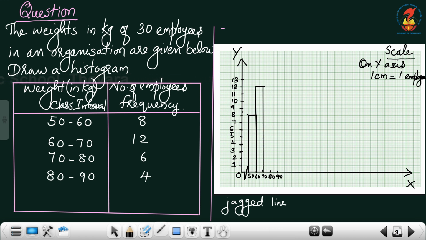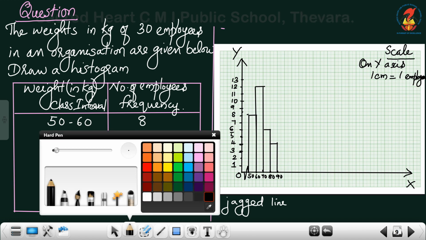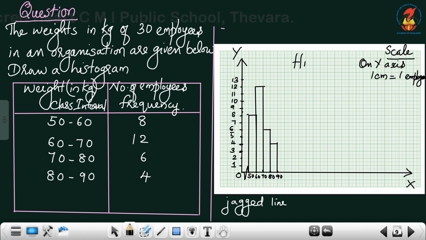Next one is 70 to 80, given as 6. Then 80 to 90, 4. So this graph is known as, the name of the graph is histogram.